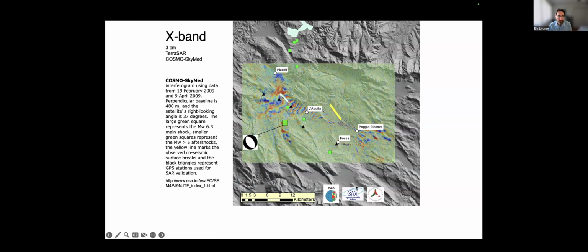So here's an example for the X band image of, I think, the L'Aquila earthquake. You can see that there is an earthquake in there. There's some fringes, but you don't really recover the signal well enough to model it, right? The fault is over here, L'Aquila is here. It's mostly decorrelated, and this is because Italy is vegetated.